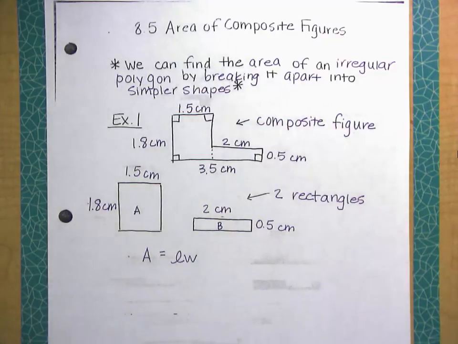Okay, so what do you think we should do first? What do you think we should find first? Okay, we know all the measurements. Remember, we want to find the area of this entire composite figure, so what should we do first, Grace?